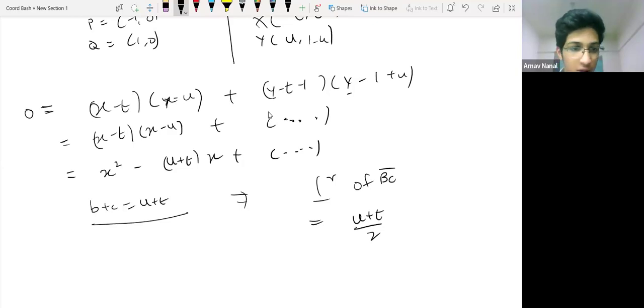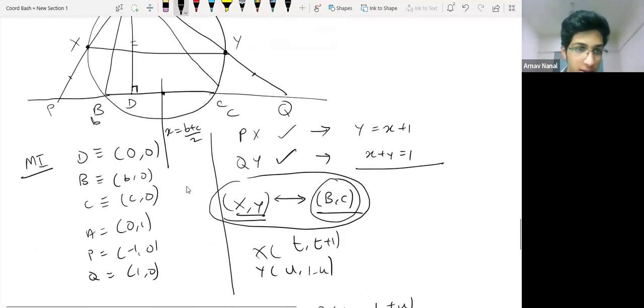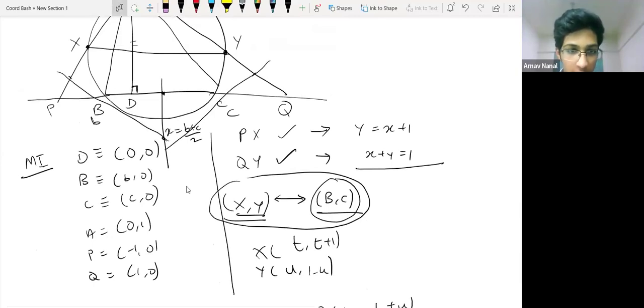We don't really need the coordinates of B and C. That's the point: you don't need to solve the very dirty quadratic. Another good thing is that you just need to intersect these two lines and get that the x coordinate is u plus t by 2. You need not even calculate the y coordinate of the intersection of the two lines.